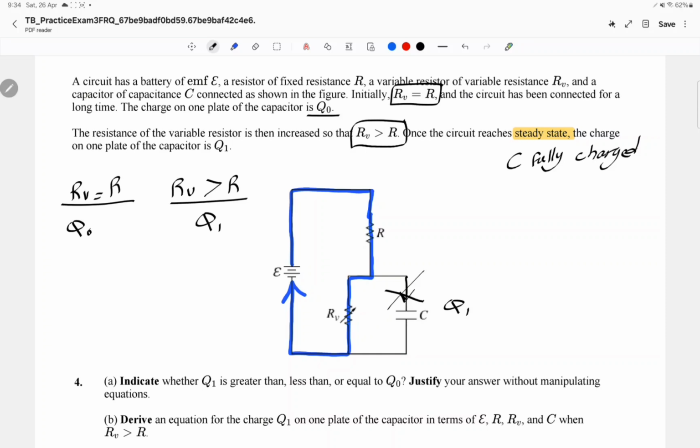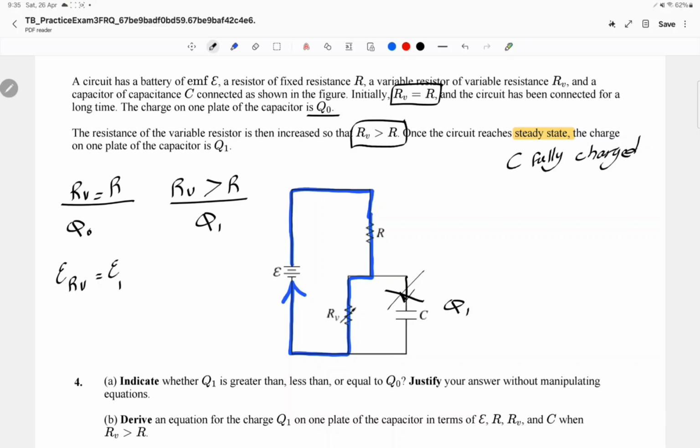So part A says indicate if Q1 is greater than, less than, or the same as Q0. Justify your answer without manipulating equations. So look, when the RV is equal to R, they will get the same voltage as each other.